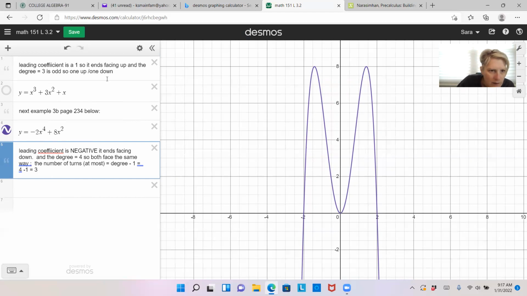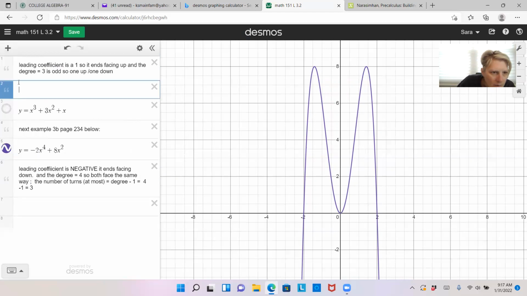Let's go back up here and add this one. This is example 3A, page 234.